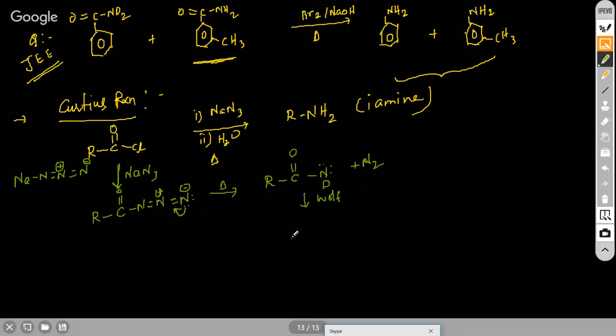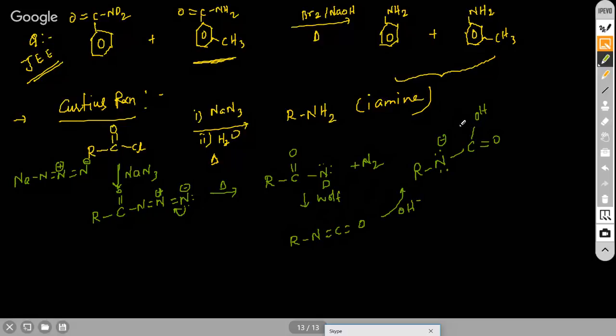Rearrangement, so that forms R N double bond C double bond O, isocyanate. Now again, this isocyanate reacts with OH minus from the H2O. This OH minus will attack this carbon, and this pi electron goes onto the nitrogen. It forms RN with a negative charge, COOH.